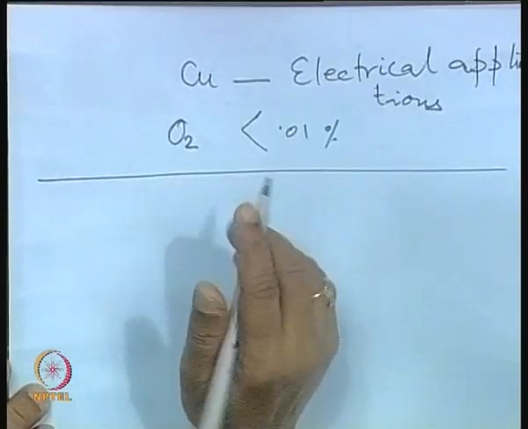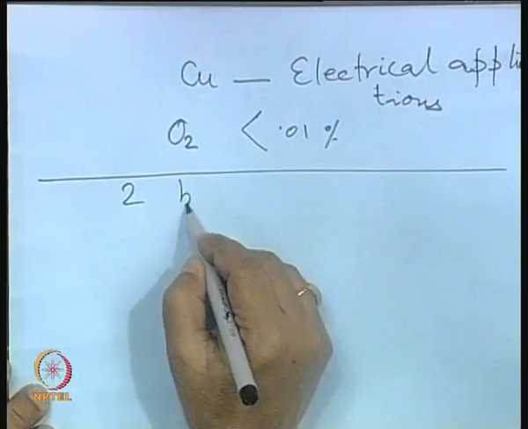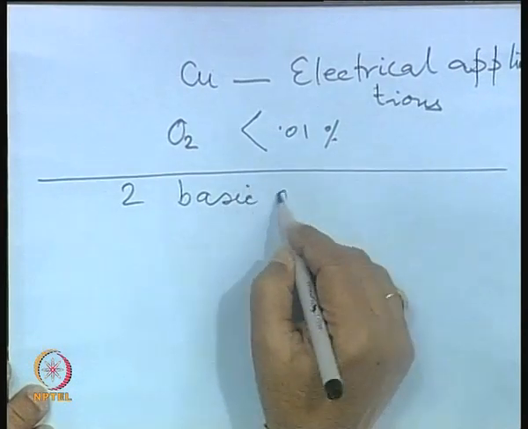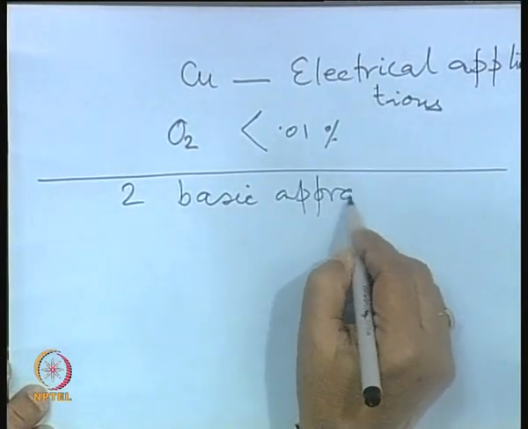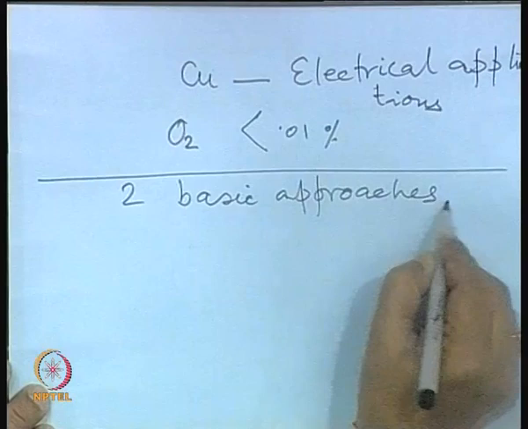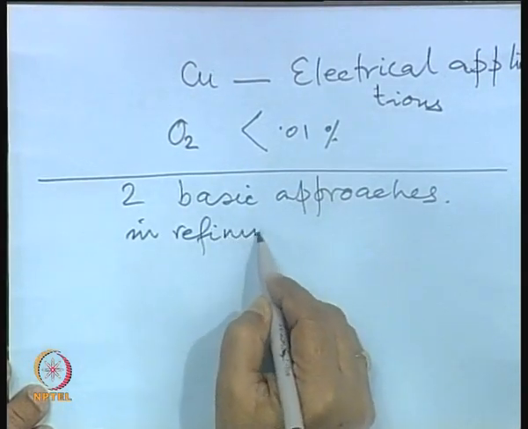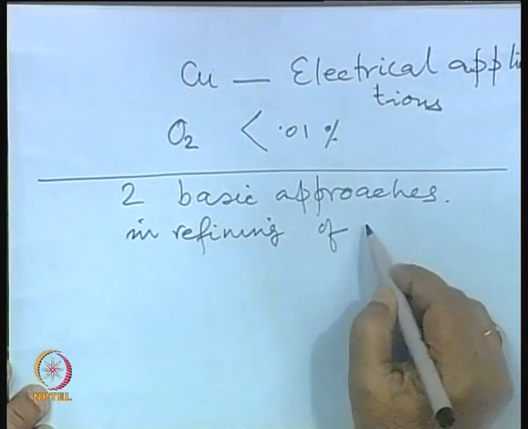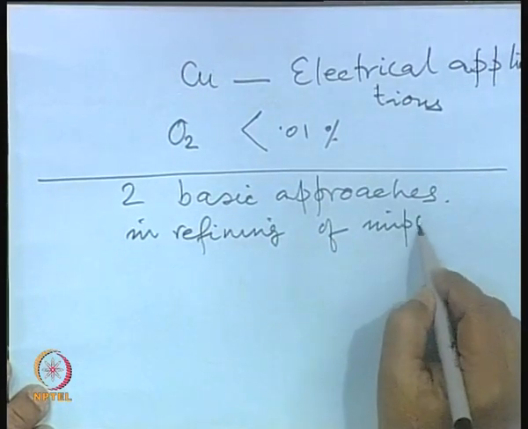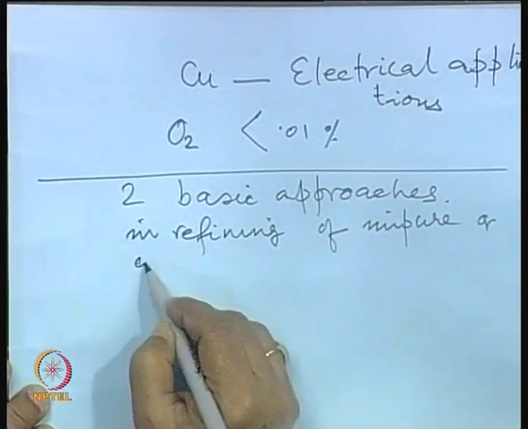Now, the first thing to know is that there are two basic approaches in refining of impure, or sometimes we call it crude metal.